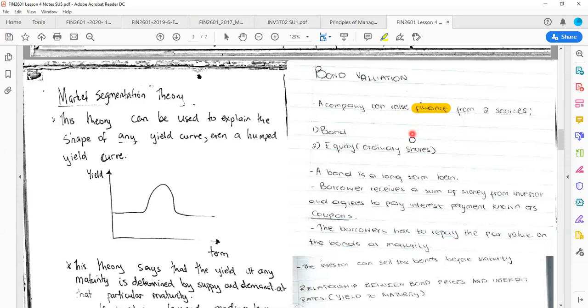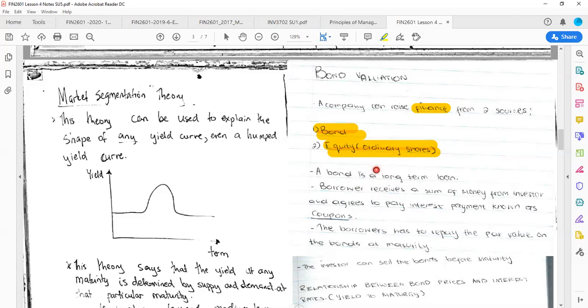The company can raise money from two sources. The company can either raise money from bonds, meaning debt, which is borrowing, or they can raise money from ordinary shares. And we'll also look at ordinary shares later on, right?